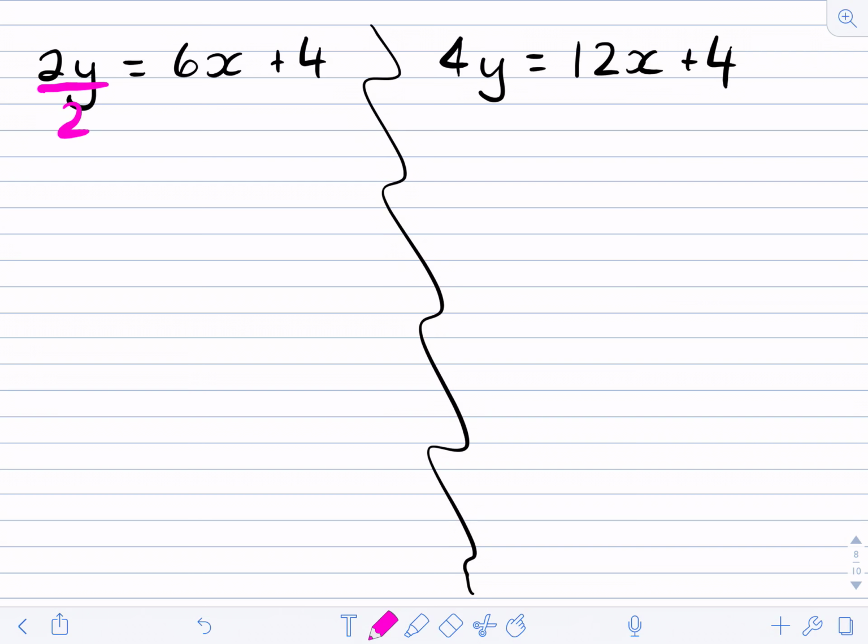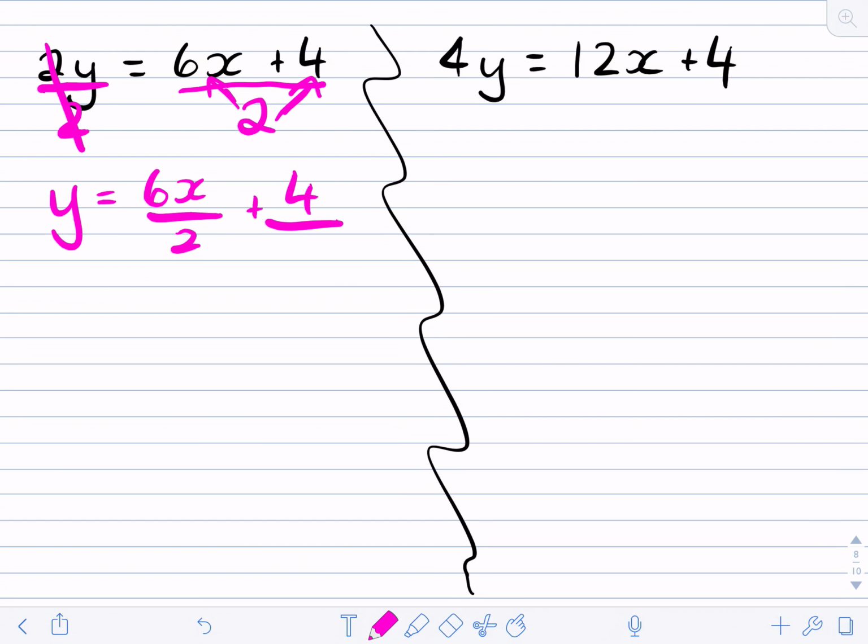So whatever I do on one side, I must do on the other. Now that cancels this 2 out here. However, this divided by 2 is 6x divided by 2 and 4 divided by 2. So we can write that separately: y equals 6x divided by 2 plus 4 divided by 2.